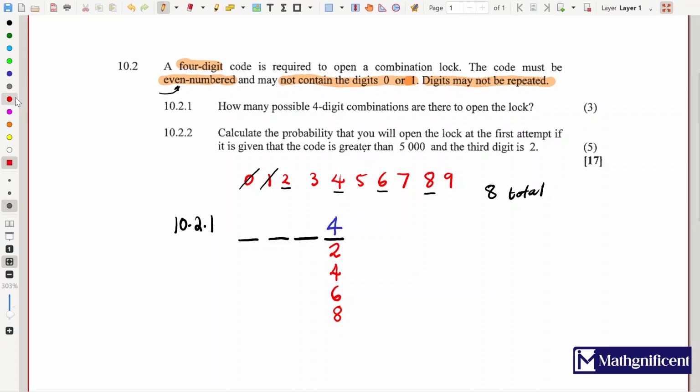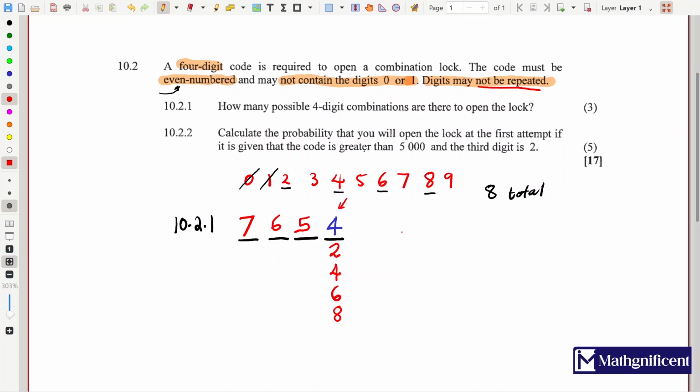So now we have chosen the last digit. How many digits do we have left to choose from? Since digits are not allowed to repeat, we are now only left with 7 digits to choose from. So we can have 7 here, then 6 here, then 5 here.